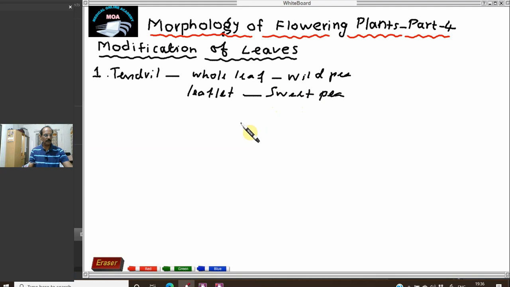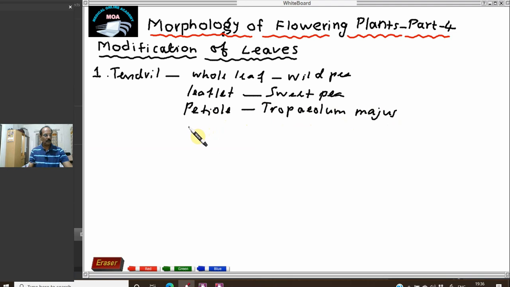In the case of Tropaeolum majus, the petiole of the leaf will change into a spring-like structure, the tendril. In Tropaeolum majus, the petiole is modified into a tendril.